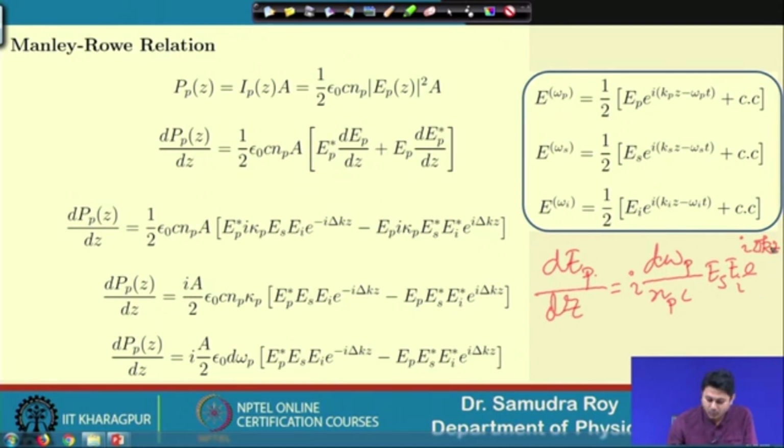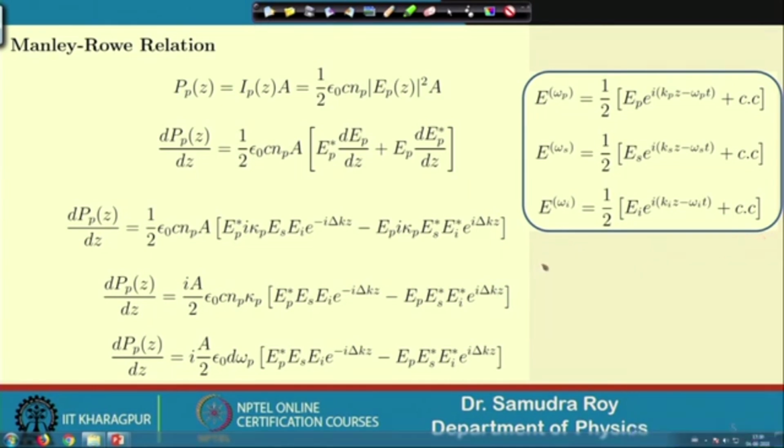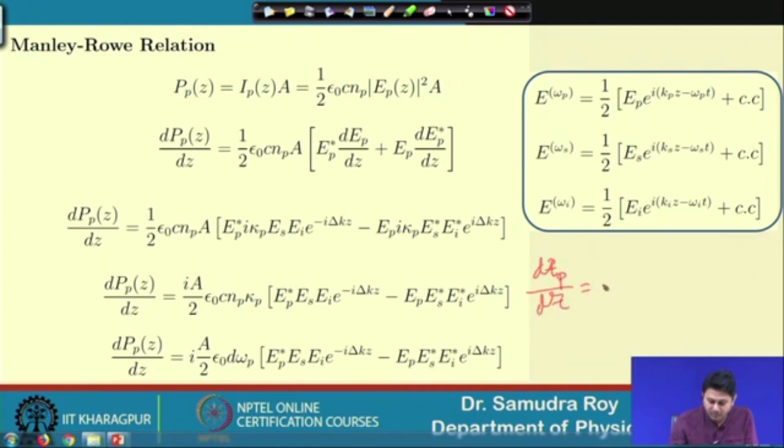Now we will introduce one term called kappa p, which is d omega p divided by N P into C. Then this expression can be simplified, and now dE_p/dz is equal to i kappa p E_s E_i e to the power of i delta k z.